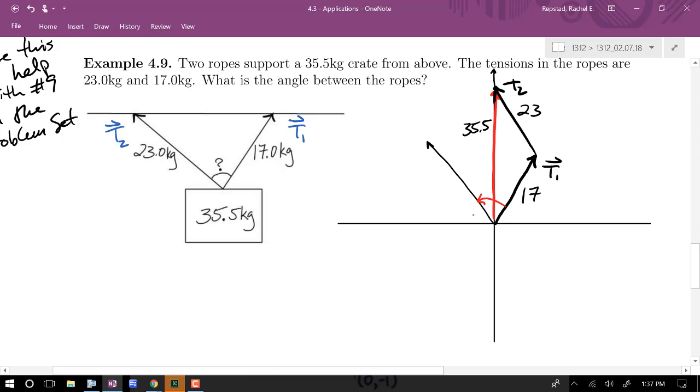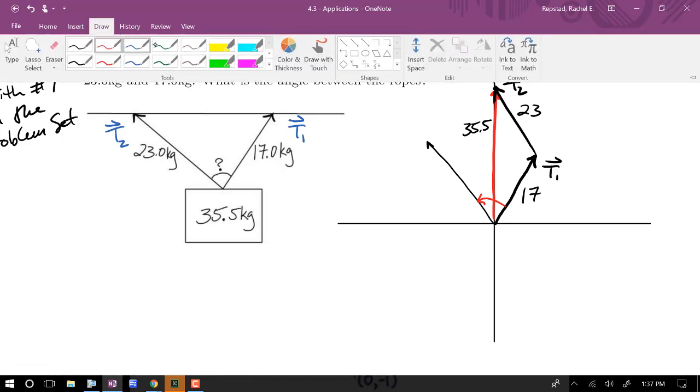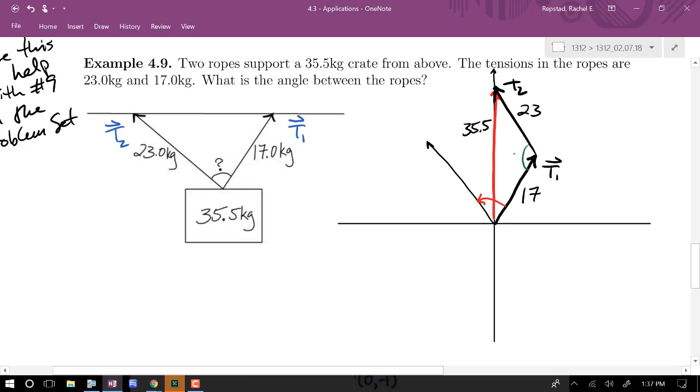We're going to do that initially by finding this angle here. I'm going to call this vertex A, or angle A, so that this side here is little a, and I'll just call this one B and this one C.